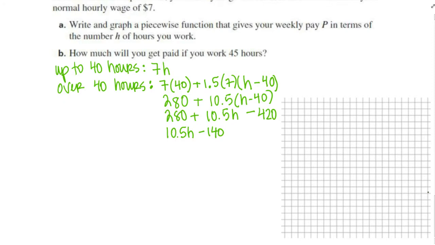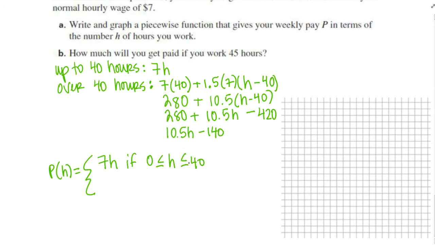So they specifically told us that it's going to be P, right? So we'll say it's P of H equals. Two things are going on here. You're either getting paid that 7H, that $7 an hour, if you work 0 to 40 hours. Now notice that they're both less than or equal to.